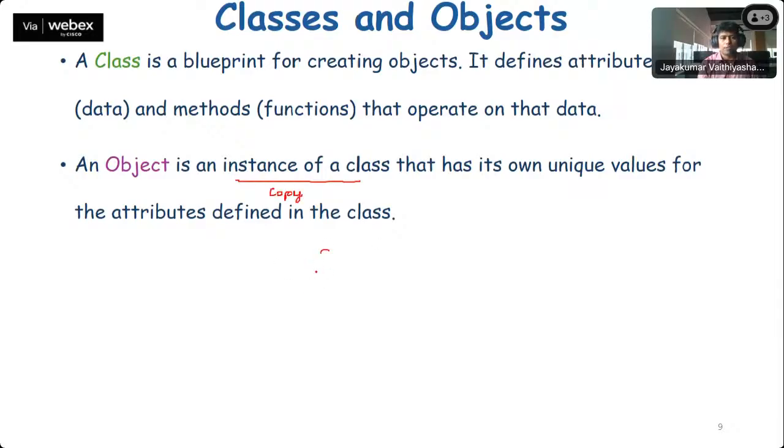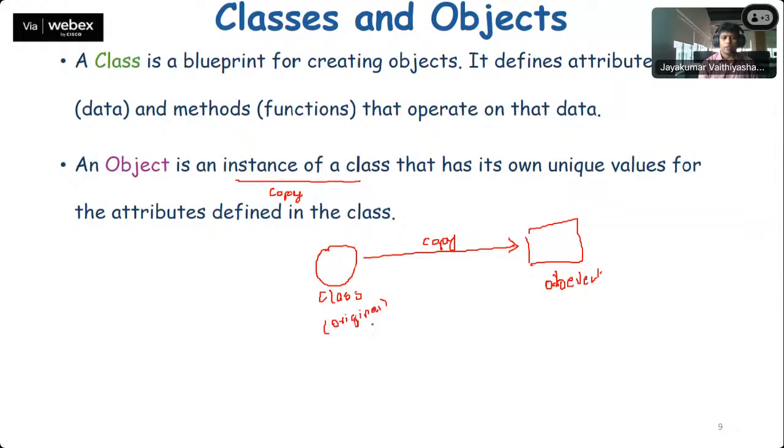Take an example of a class. You're creating a copy out of it, and that is called an object. This is like the original, and you are creating just a copy. What is more important here?